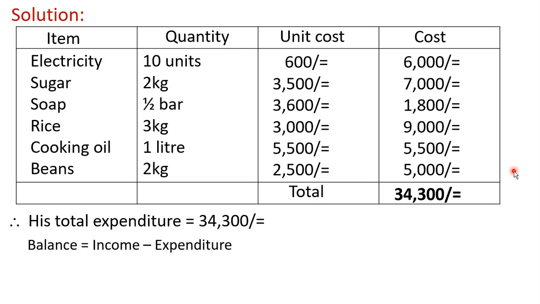So we are going to get 200,000 shillings minus the 34,300 shillings, and that will give us, when you use our calculators, 165,700 shillings. Yeah, so that's how you can calculate the expenditure and then the balance.